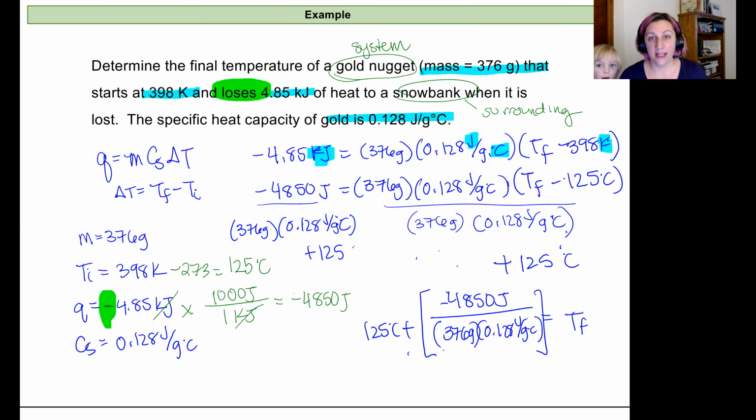Plugging this into my calculator, I'm going to pause to do that. And so we get a final temperature when we plug this all in of 25 degrees Celsius. So this gold nugget cools to 25 degrees Celsius after it loses 4.85 kilojoules of energy.